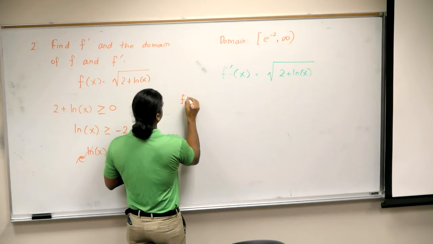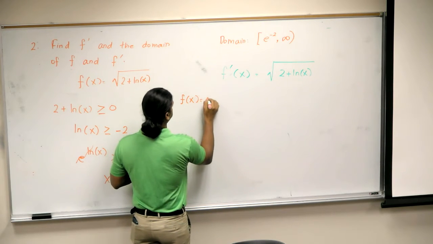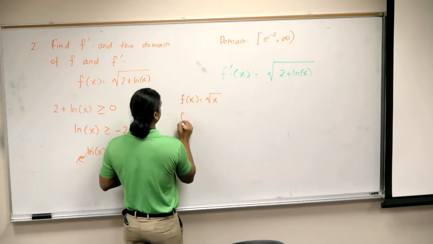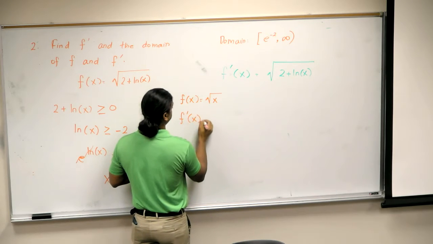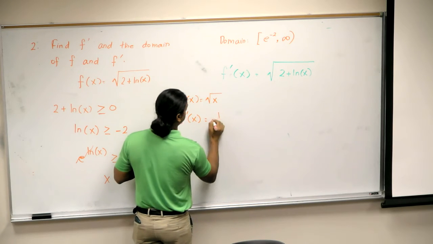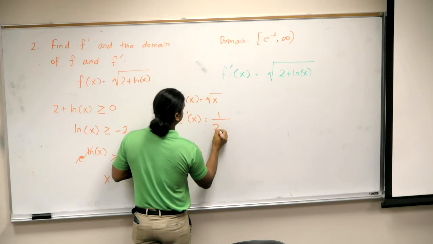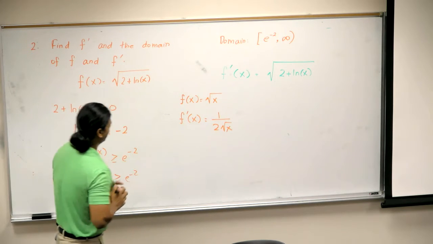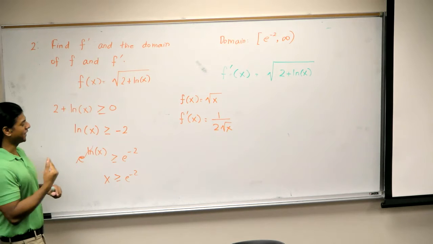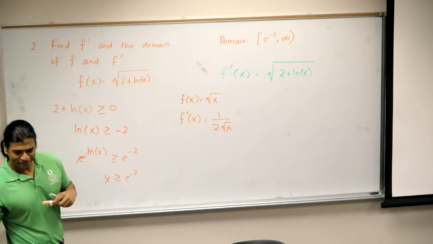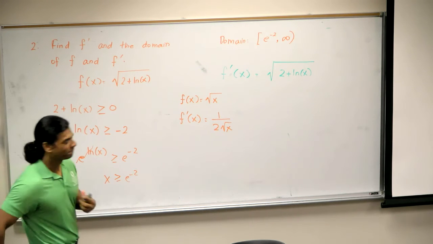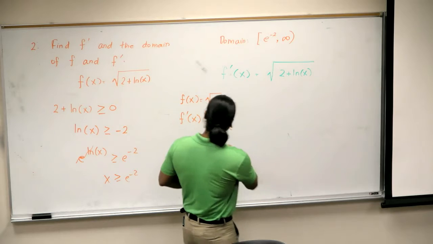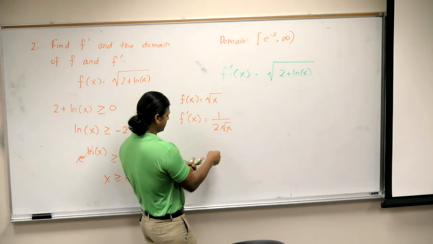If f of x is square root of x, what is the derivative of that? So it's 1 over 2 square root of x. So 1 over 2 square root of x.